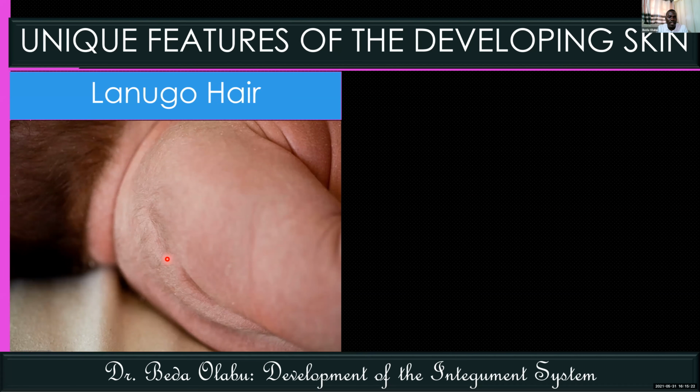By around the time of birth, usually a large part of this hair has disappeared. So this hair is more in fetal life, the premature type, than in the mature type. By the time fetal maturity is reached, this type of hair has disappeared, although sometimes babies can be born with this hair. And indeed, one of the markers of prematurity is the presence of lanugo hair. But some term babies may still have lanugo hair.